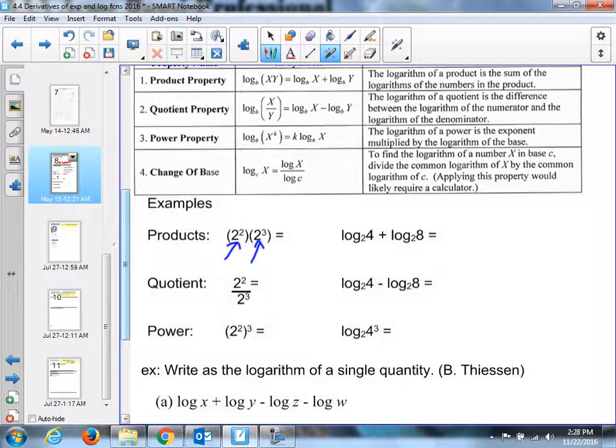But keeping the base the same, what is this rewritten as? 2 to the 5. You add the exponents when you take a product. Same base, though. If the bases aren't the same, you're hooped. You can't do anything further. You're not necessarily hooped.